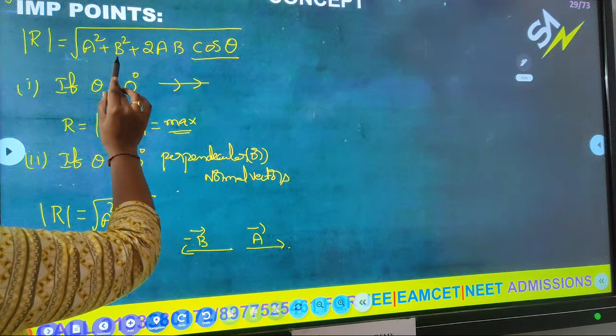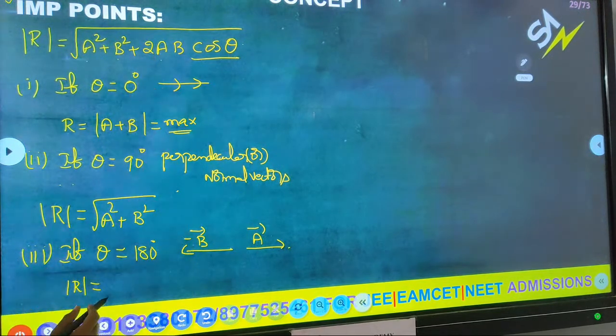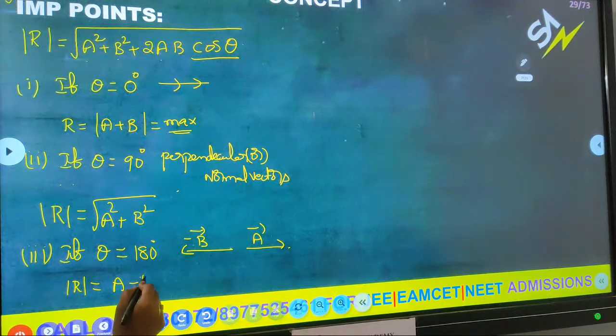We get A square plus B square minus 2AB. Then A minus B whole square, root cancels, so the magnitude is equal to A minus B.